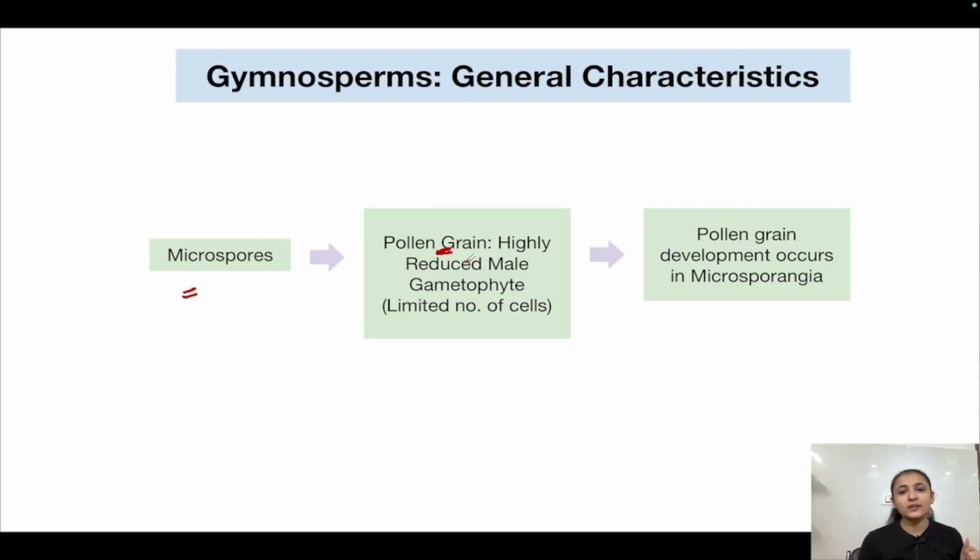In angiosperms also it is the pollen grain. Okay, so it is highly reduced and made up of a very limited number of cells. These pollen grains develop inside the microsporangia only.